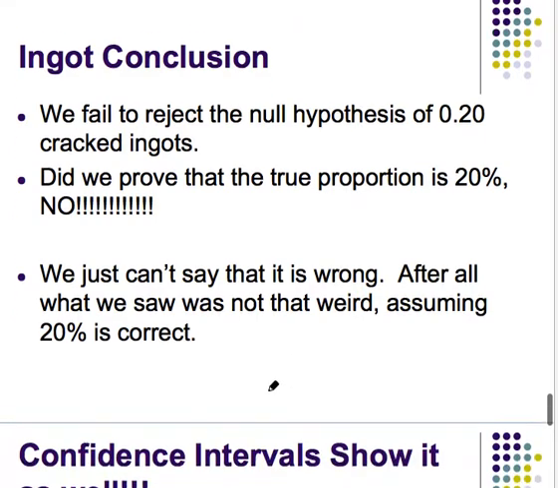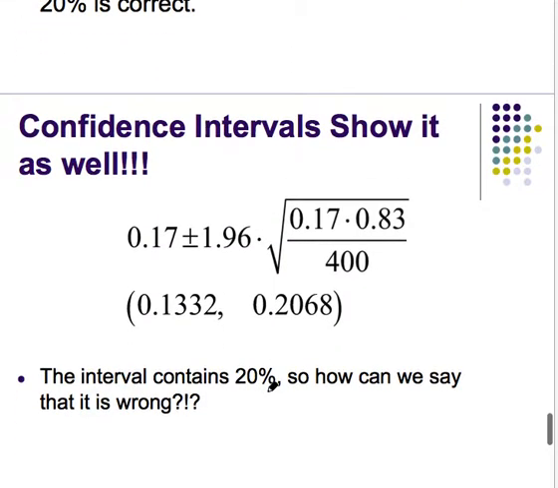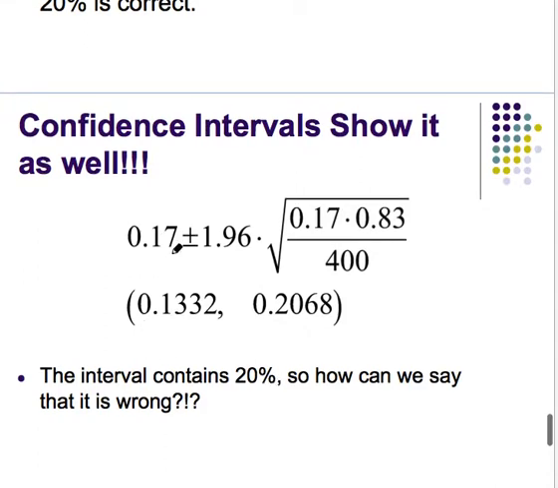Okay. All right, so here's another way to look at this with a confidence interval. So 0.17, and again, we could have looked at this with 0.20, but let's look at it with the 0.17. If we just look at the confidence interval, this is our p hat, and 95% confidence, and we looked at all of this from before. Here's our interval.